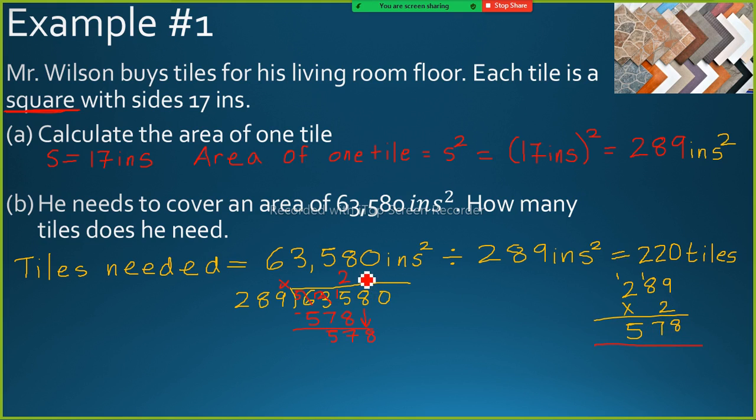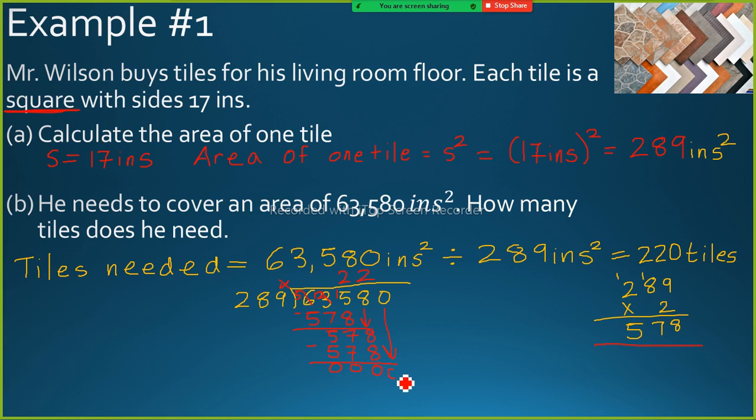So we're going to put the 2 again. So 2 times 289 is again 578. And 578 minus 578: 8 minus 8 is 0, 7 minus 7 is 0, 5 minus 5 is 0. Let me bring this down again.